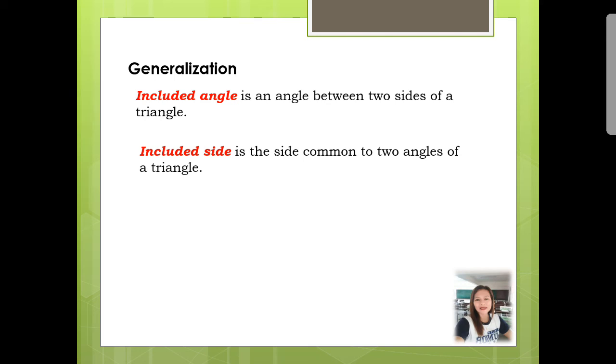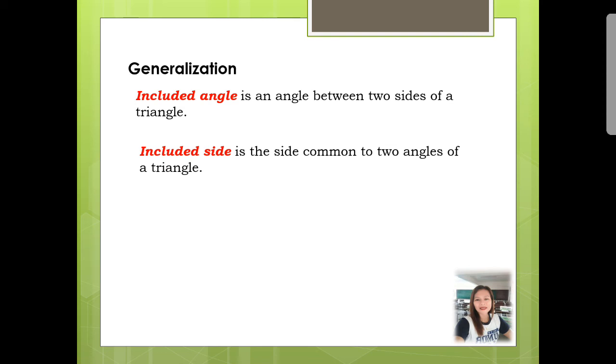To prove that the given two triangles are congruent, how many corresponding parts do we need to list? We have 6 pairs of congruent corresponding parts.